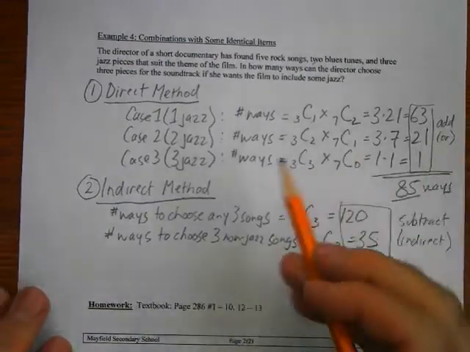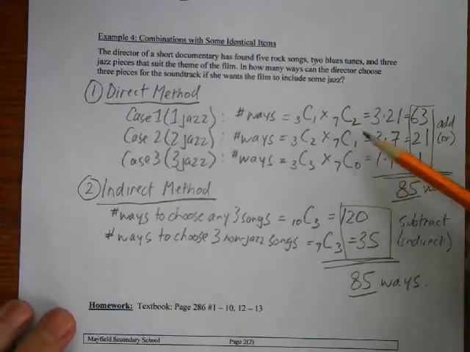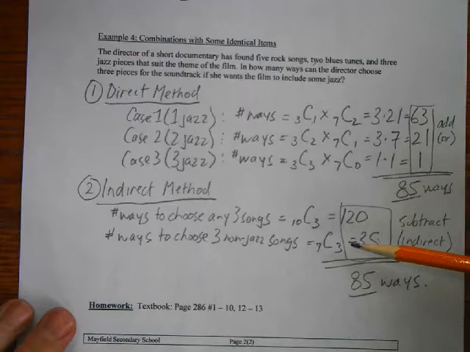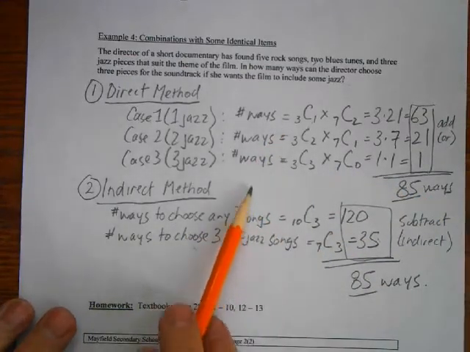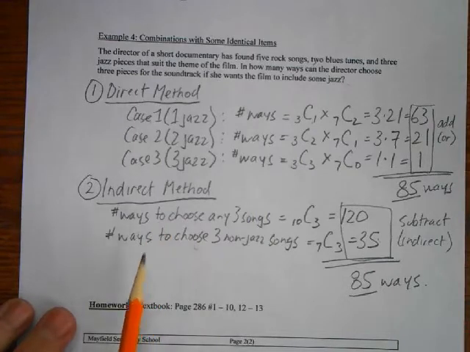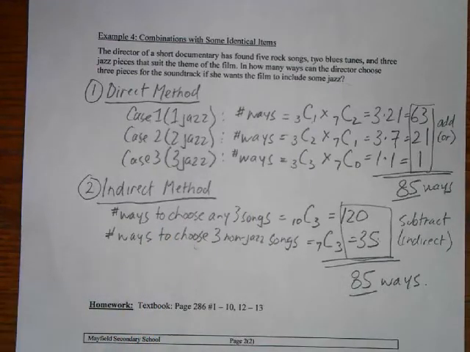Okay, so in terms of time, both of these methods took about the same, although you might say that indirect was 2 calculations compared to 3. When you start doing some of your probability calculations in the next few units, you're going to have to choose between direct and indirect, and a lot of times it's quite obvious.